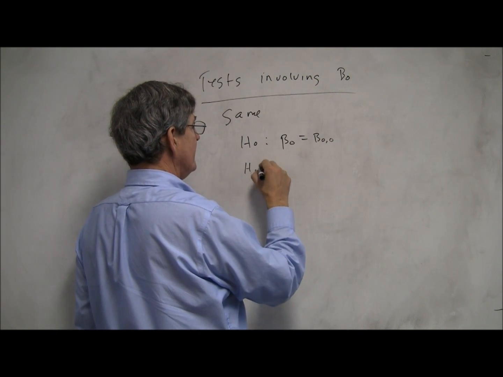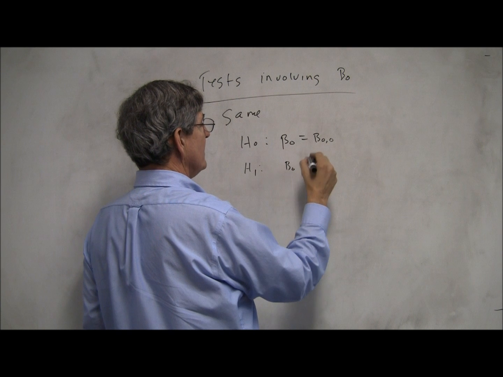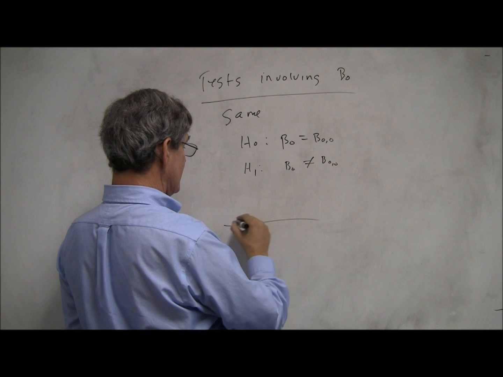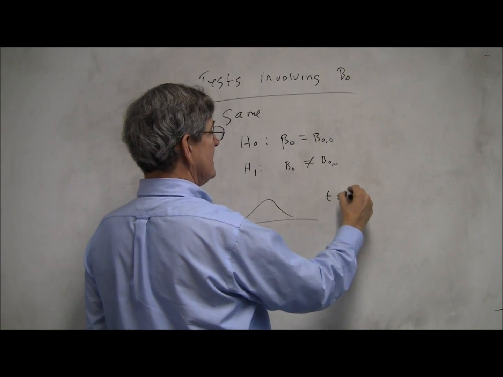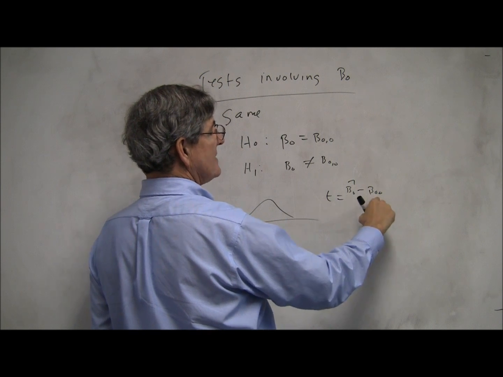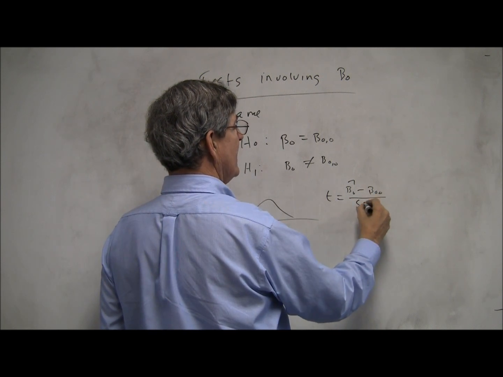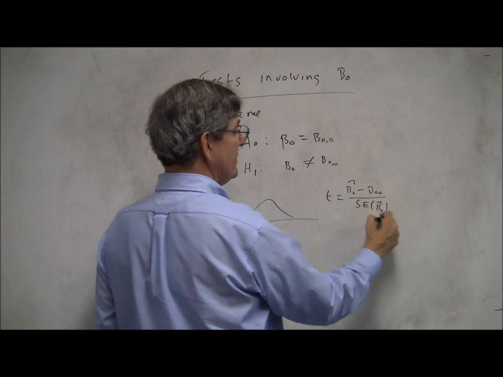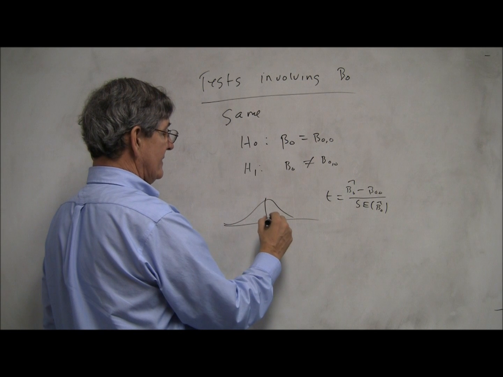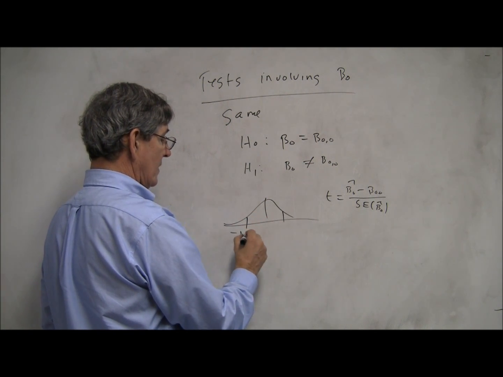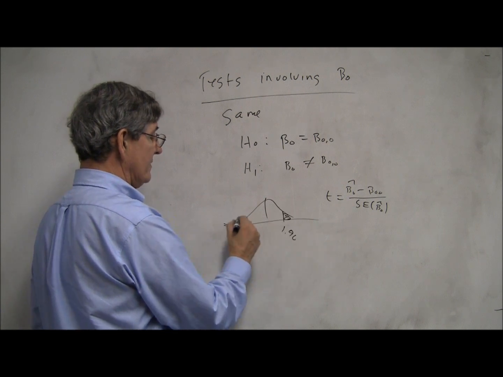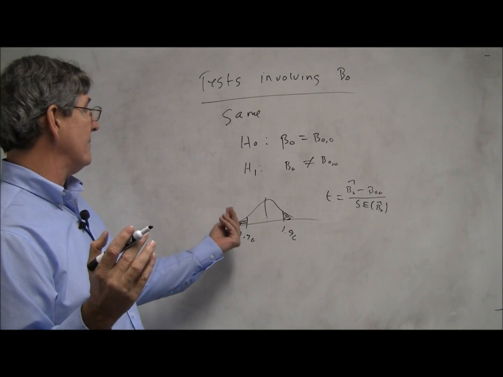And H1 is that beta 0 does not equal beta 0, 0. This is two-sided, so that'd be a two-tailed test. So again, you find t, which is beta naught hat minus beta 0, 0, estimated minus hypothesized, over the standard error of beta naught hat. And you get that from your computer printout. You find the t, and for the two-tailed test, the limits are minus 1.96 and 1.96. If you're out here in the rejection region, then you reject. If you're not, you don't.